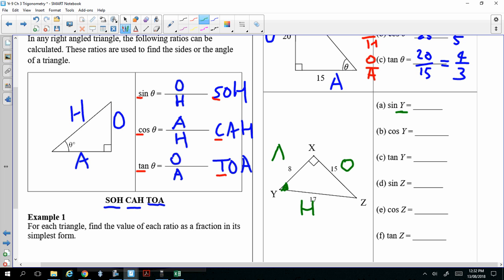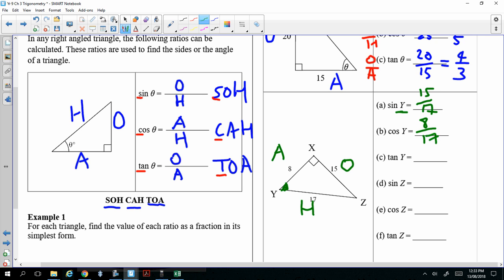So you have to write 15 over 17. Right? And then cos y is adjacent over hypotenuse. And tan y is, what's tan y? 15 over 8. Get it?